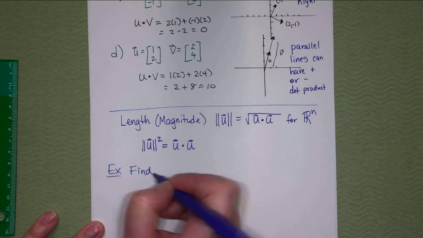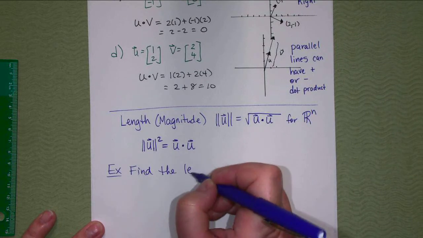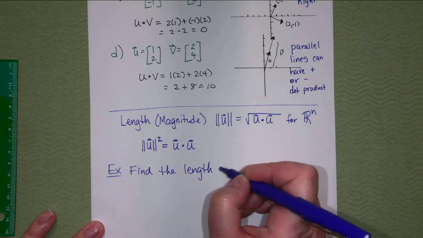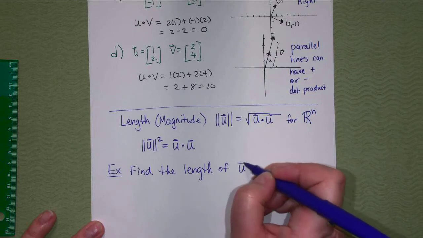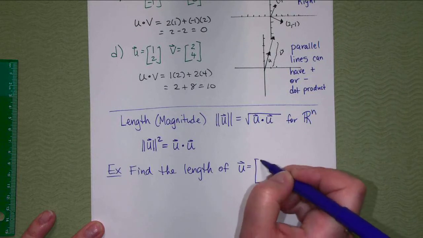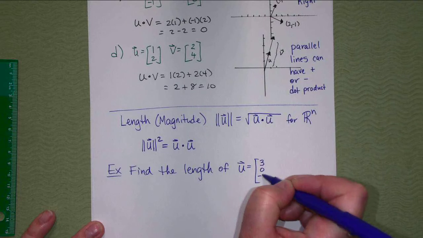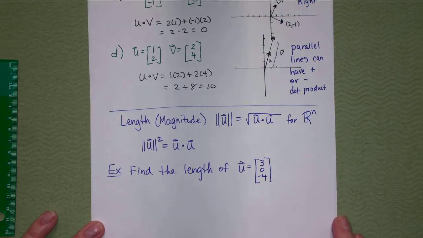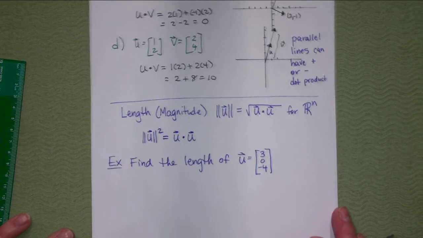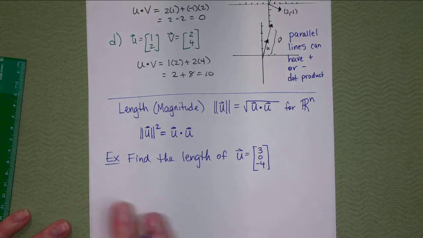Find the length of (3, 0, minus 4). So you can use this dot product way, or you can use the other.